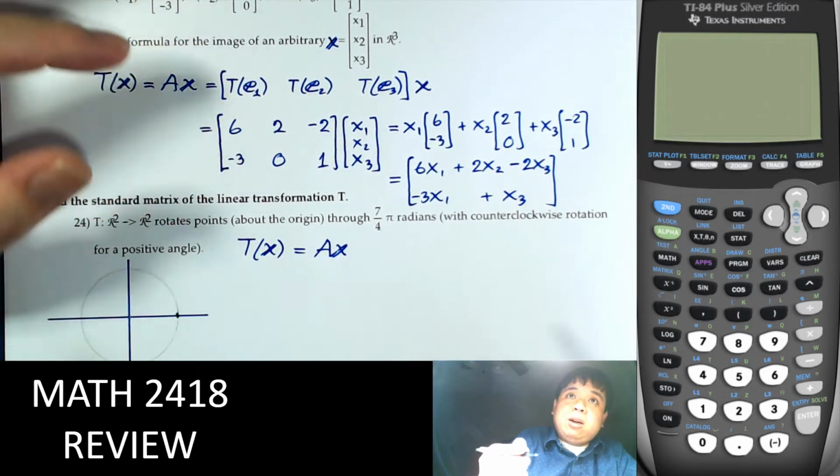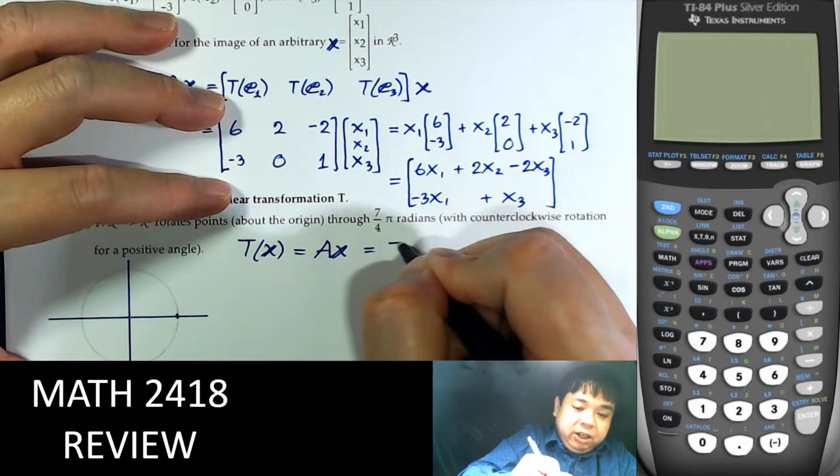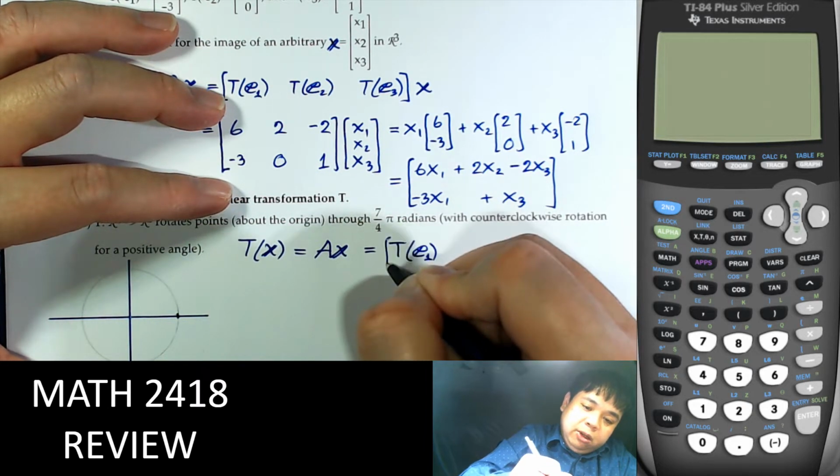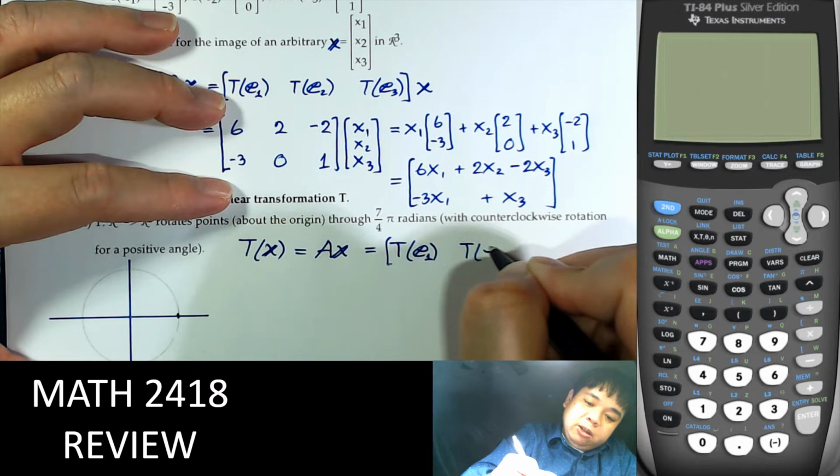Now we're trying to find the matrix A. So matrix A will be given by the transformation of the columns of the identity matrix.